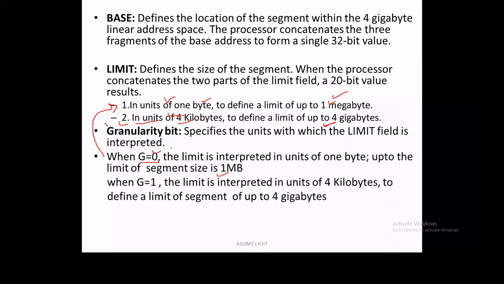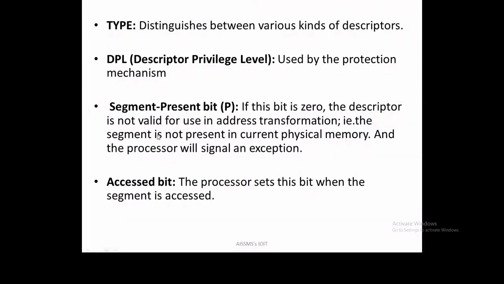If the granularity bit is 1, it follows the second way, where the smallest unit of the segment is 4 kilobytes, and the segment can be extended up to 4 gigabytes of size. So this way, the limit and the granularity bit are connected.